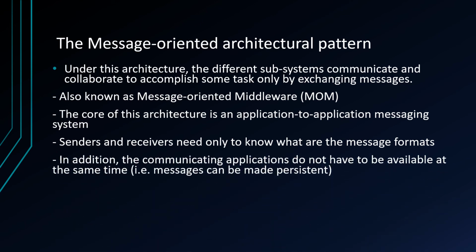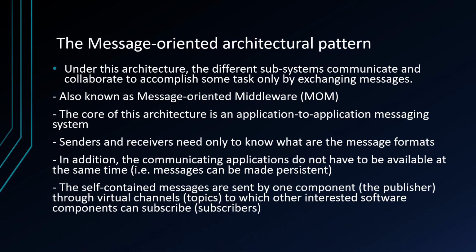In addition, the communicating applications do not have to be available at the same time. Messages can be made persistent. The self-contained messages are sent by one component, the publisher, through a virtual channel to which other interested software components can subscribe, the subscribers.